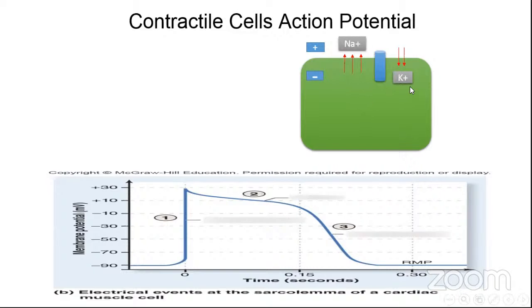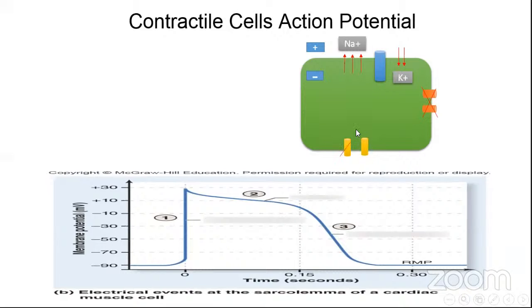And for the potassium, we have generated high potassium concentration inside, and it tends to move towards the outside low potassium concentration. For this, we have a specific sodium channel and a specific potassium channel. At rest, these sodium channels are closed, so the sodium is trapped outside.